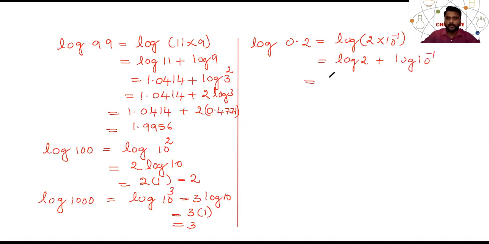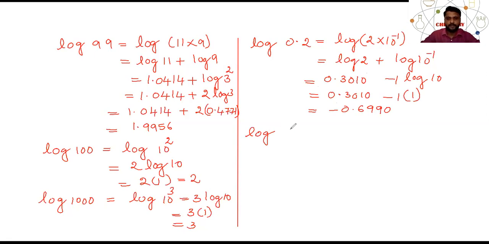Log 2 is 0.3010, and the other term can be written as minus 1 log 10, and log 10 is equal to 1. Therefore, log 0.2 becomes minus 0.6990.